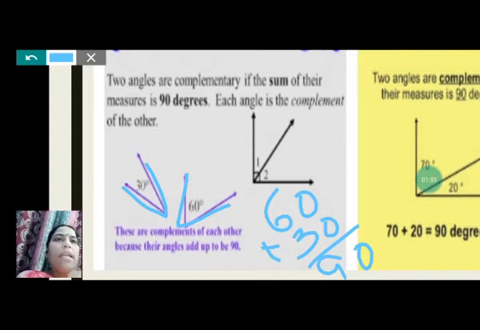That means this is a complementary angle, or these both are complements of each other. So each angle is the complement of the other. That means the 60 degrees is the complement of 30 degrees, and they add up and make 90 degrees. So these are called complementary angles.